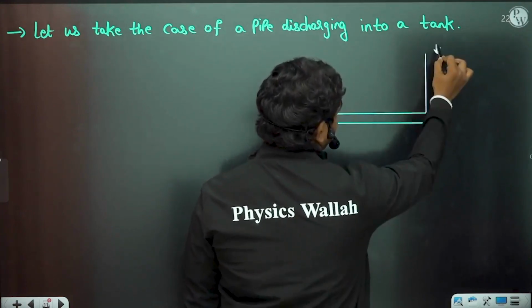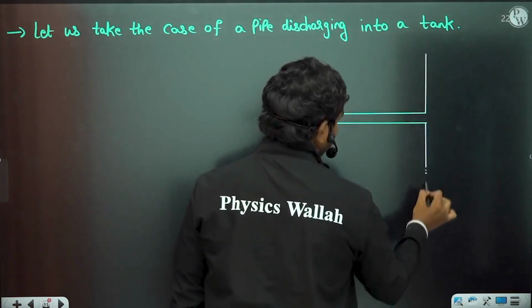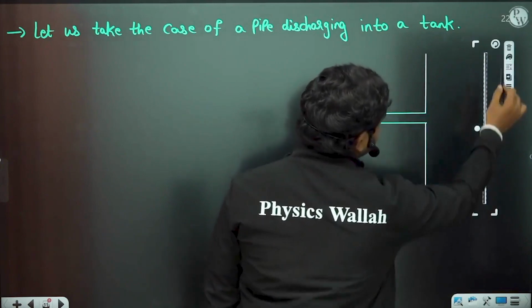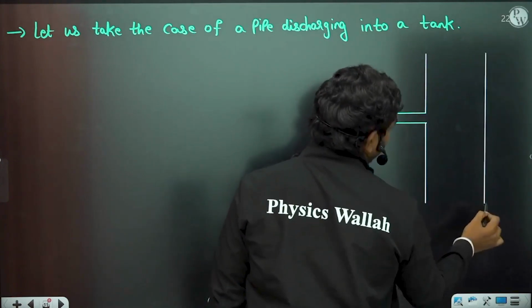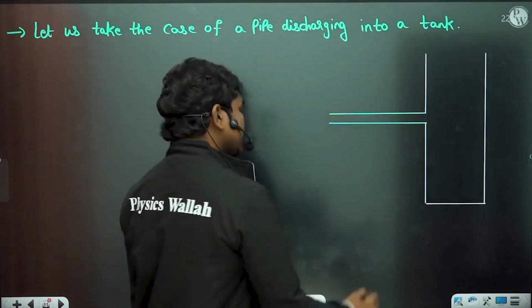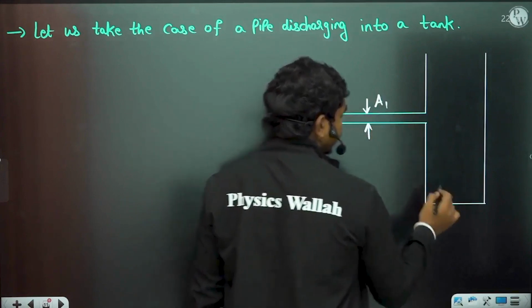Let us suppose there is some large tank that is present like this, for example. This is some large tank that we have taken. Now this area is A1, and the tank's area of cross section is A2, for example.